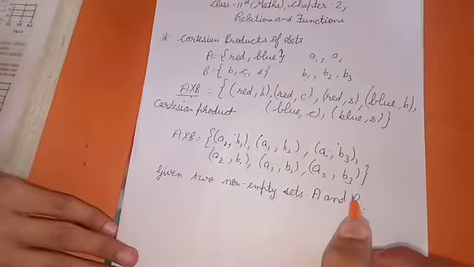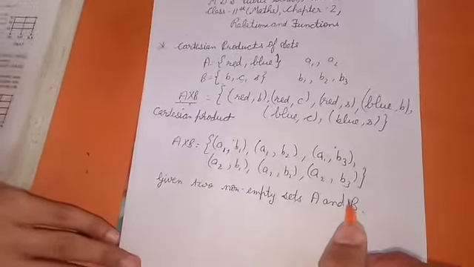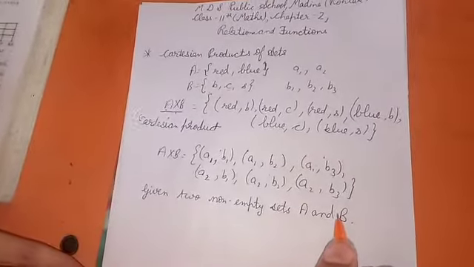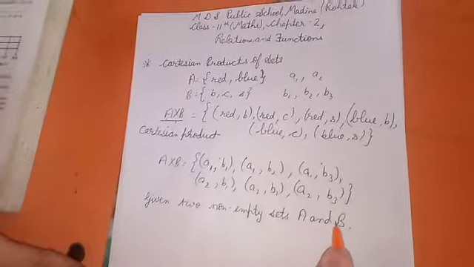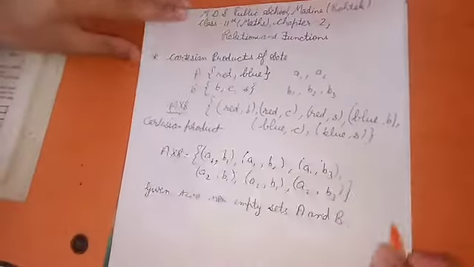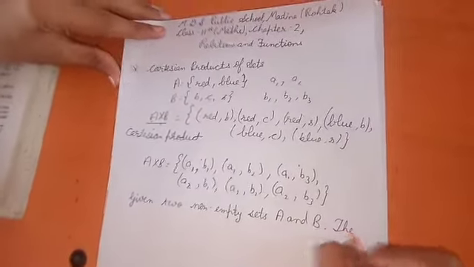The Cartesian product A cross B is the set of all ordered pairs of elements from A and B.